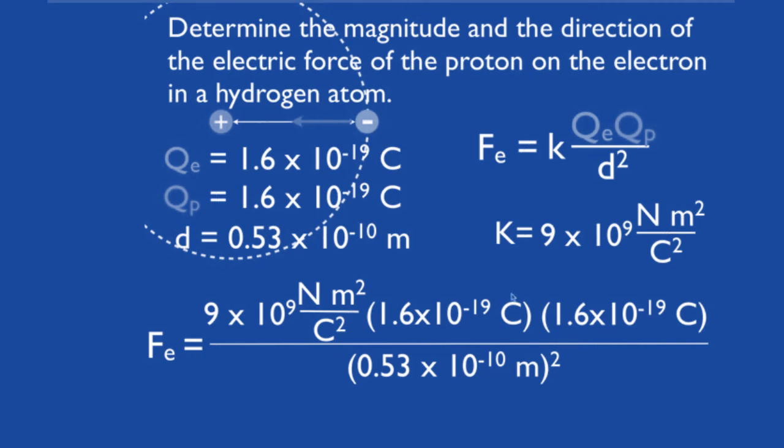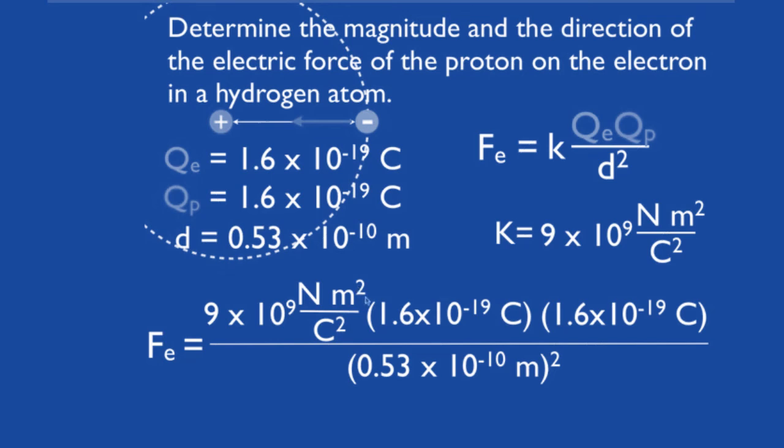But we want to know the direction and the magnitude, and for the direction we can just draw it and think about whether they are opposite charges or the same charges. So we just use the absolute value of the magnitude.